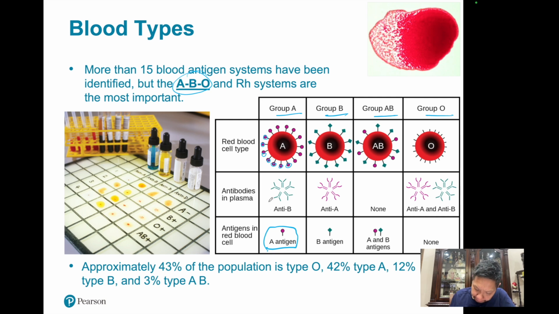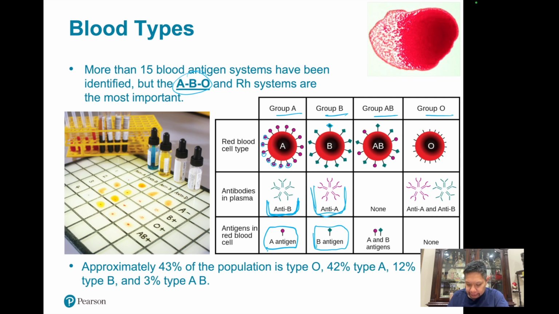But in the blood itself, in the plasma, you have the antibody for the B antigen. What is the B antigen? Well, if you look at Group B, the B antigen is this little diamond here, on the outside of Group B red blood cells. And since blood type B has the B antigen, it has A antibodies.